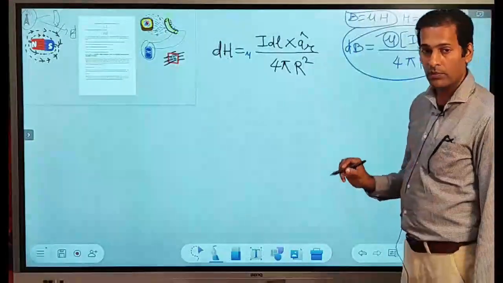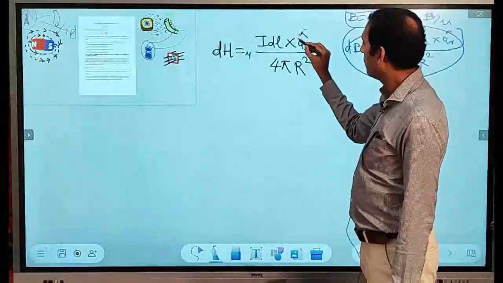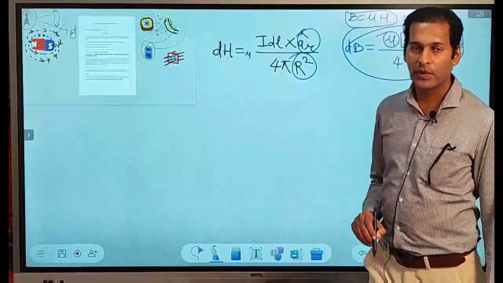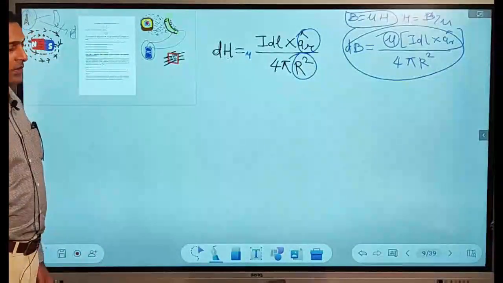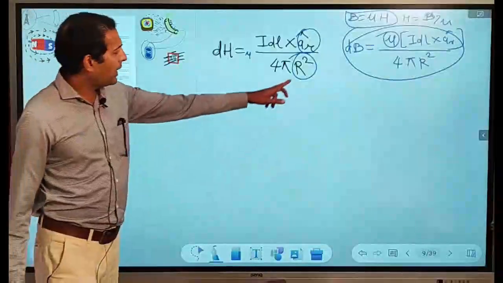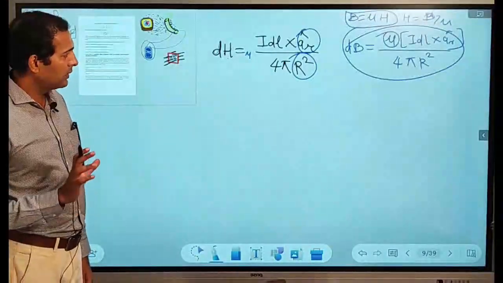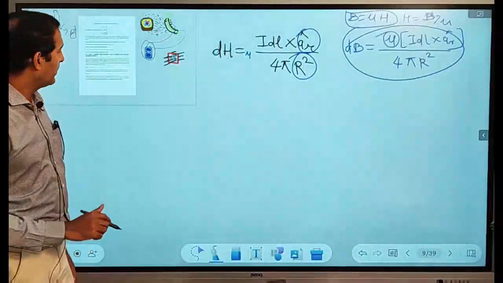Now today, what is our important part? We will explore this expression and discuss what this r square and aR cap are. aR cap is the direction and r is the distance. Let us again consider the standard case of our mobile phone and tower example.